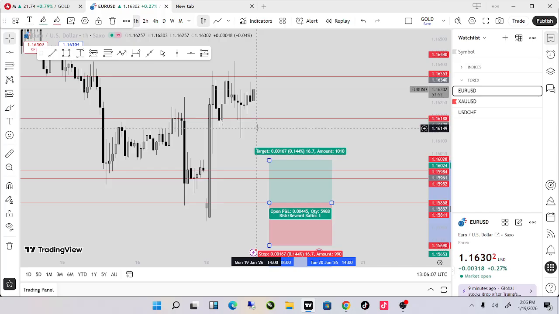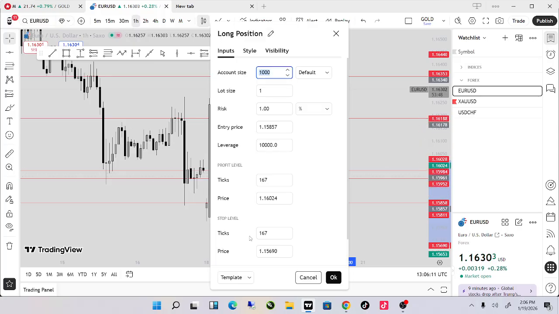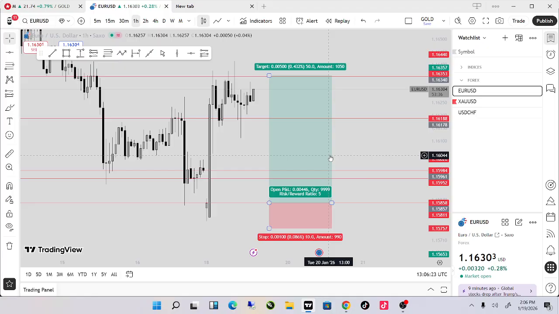But how sure are we that this is what's going to happen? So what I'm going to do is work with the 1 hour. I'll do 10 pips, 100, then 1 to 5 RR, 500. Good.